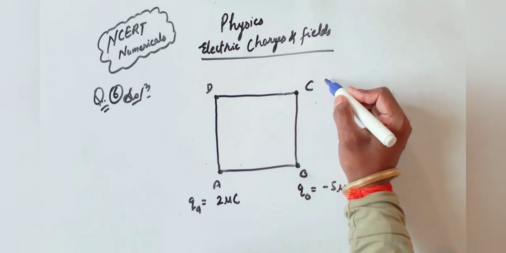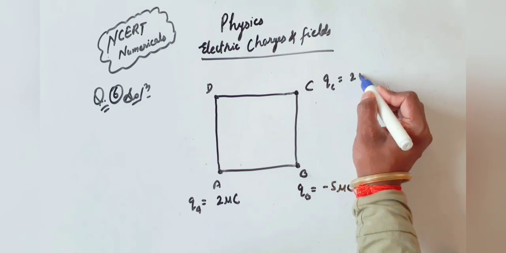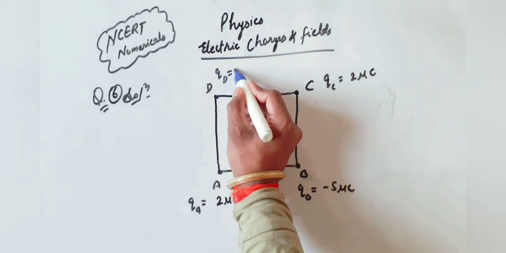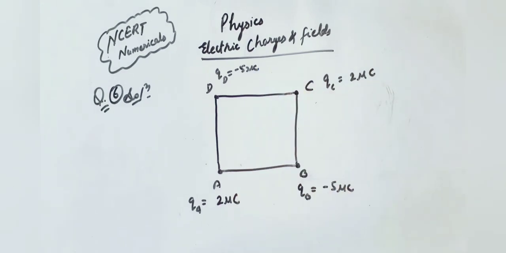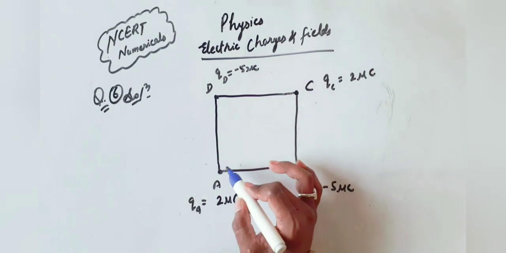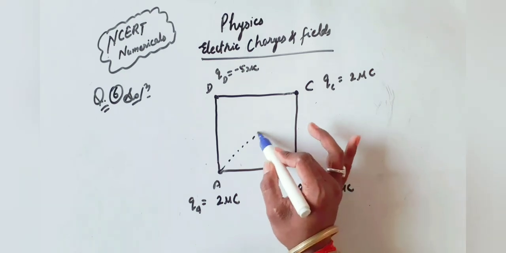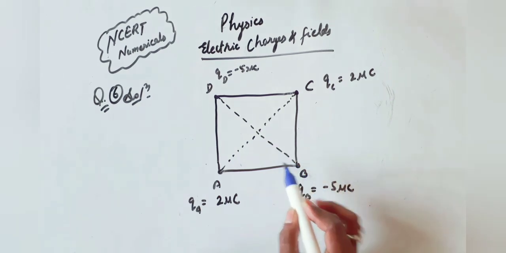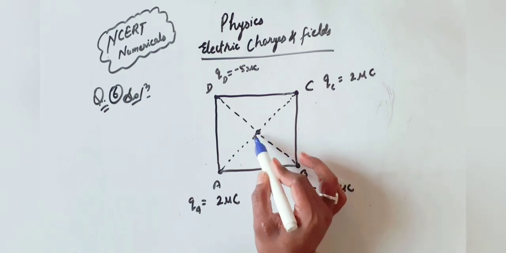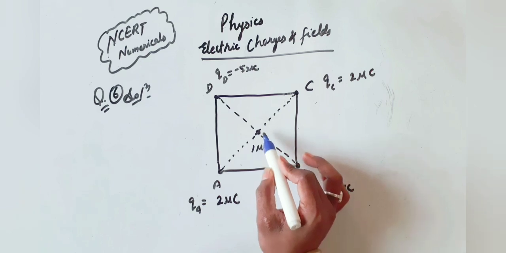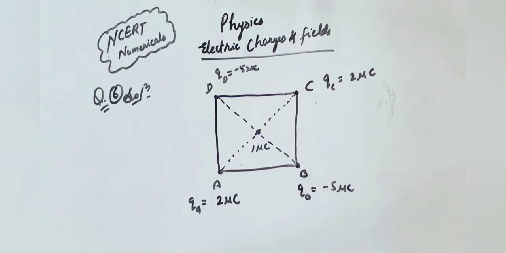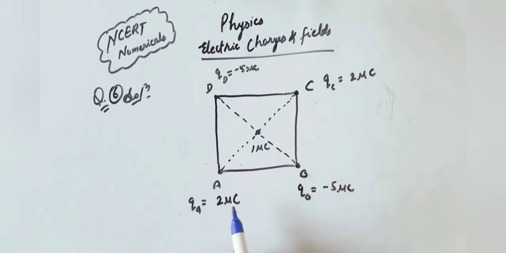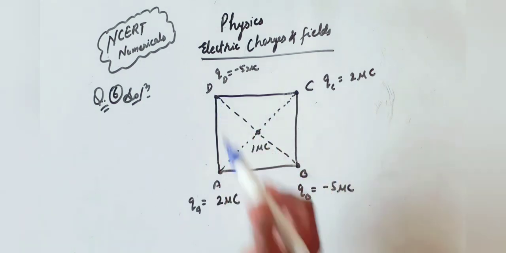At point C, QC is 2 microcoulomb. And at point D, QD is minus 5 microcoulomb. Another charge is placed at the center, where the diagonals bisect each other. The magnitude of this charge is 1 microcoulomb. Now we will calculate the total force acting on this 1 microcoulomb charge by QA, QB, QC and QD.